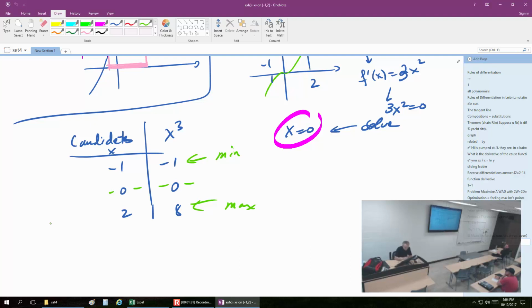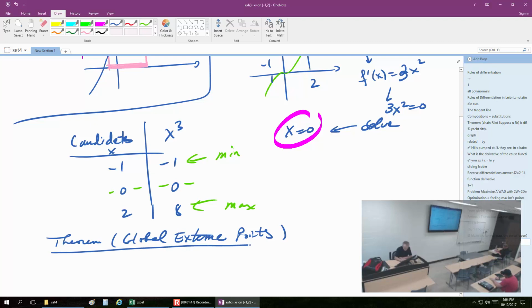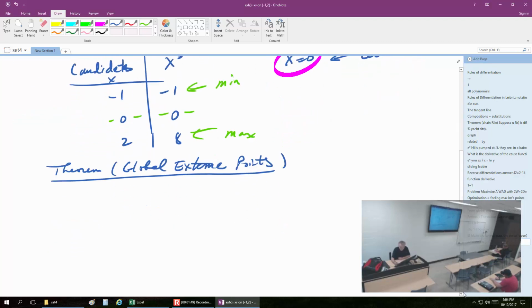So just in case, it is included. The theorem is called global extreme points, as they are found through the derivative.